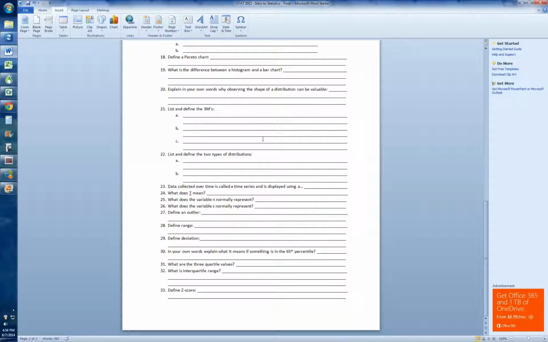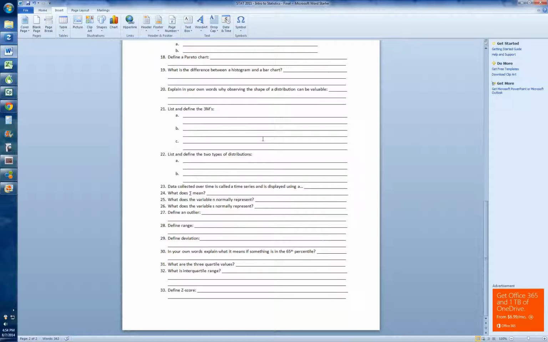Range is the difference between the lowest and the highest observations, right? So whatever is to one extreme and then the other extreme, and you subtract those, that's your range. So it's the difference between the largest and smallest observations.